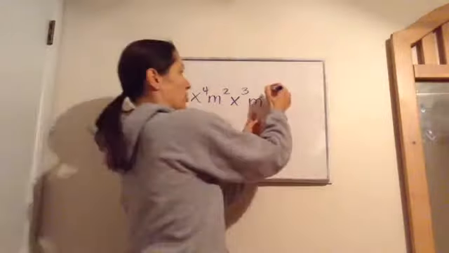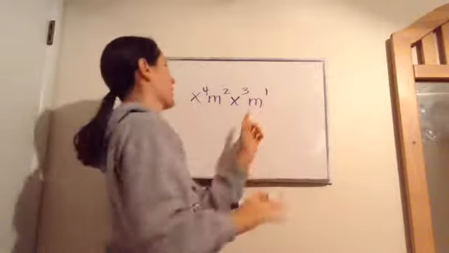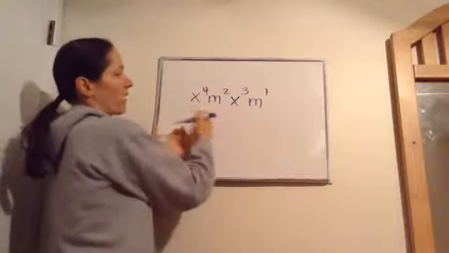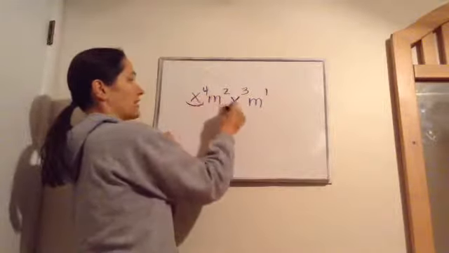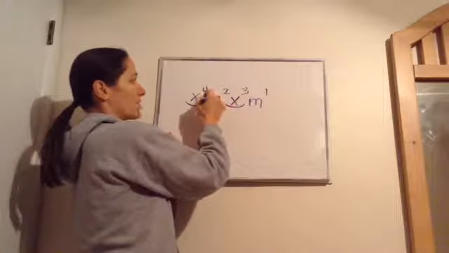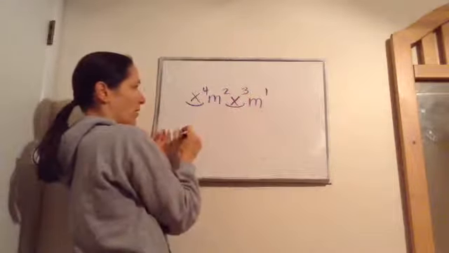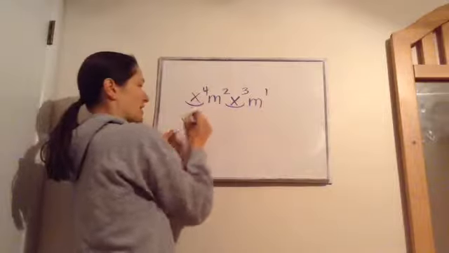Remember how I would tell you to put a 1 right here? Now, how would I figure out what the final answer to this is? Like terms. Yes, so x and x's. So x to the 4th power and x to the 3rd power makes x to the 7th power.